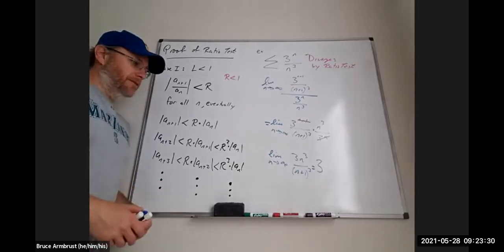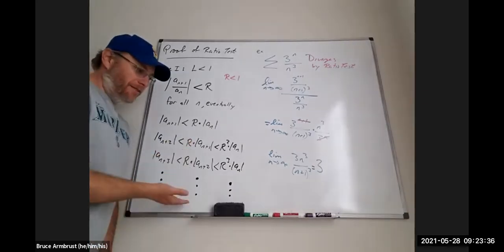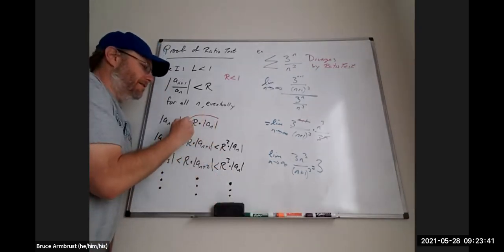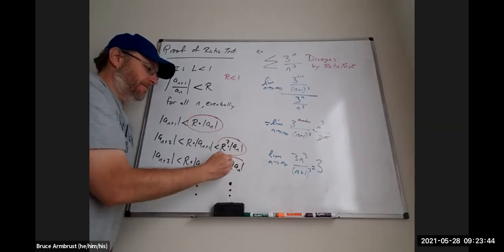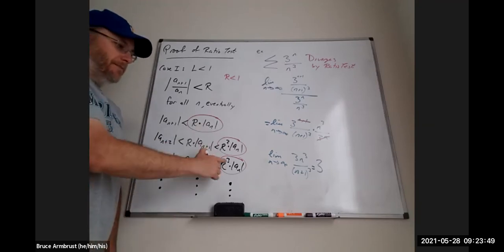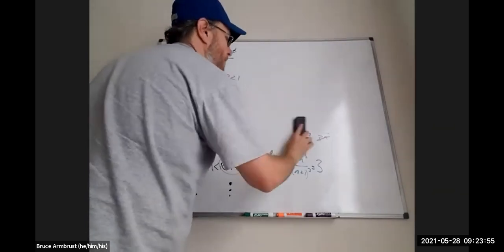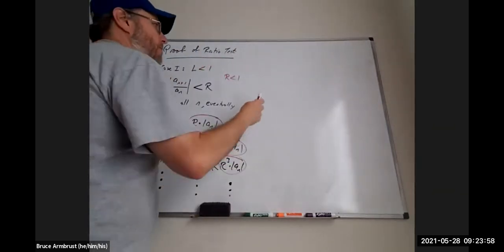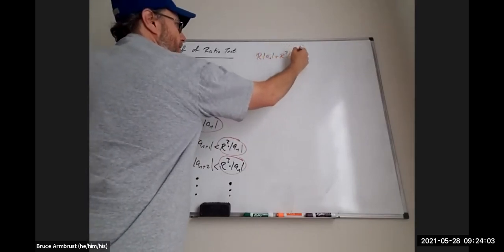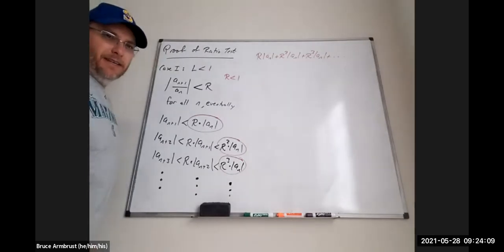Okay, so so what? Like, yay, this is true. Well, let's take a look at these guys. Let's look at the series that's made up of these terms. So suppose I have R times a sub n plus R squared times a sub n plus R cubed times a sub n plus dot, dot, dot.